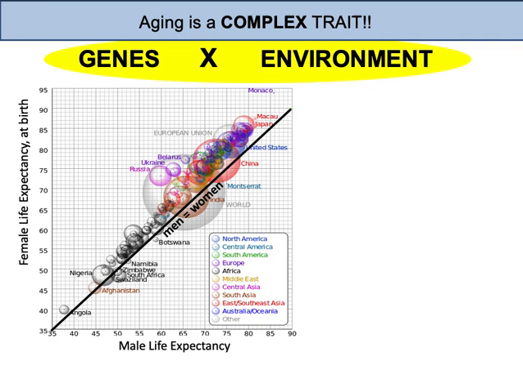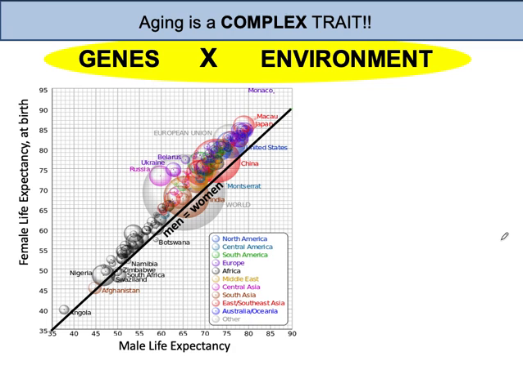Okay, so here's a comparison of female life expectancy to male life expectancy in different populations around the world. And so the black line here means that life expectancy for men equals life expectancy for women.